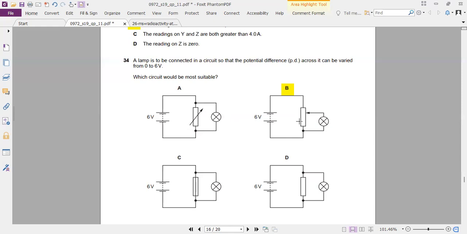In this setup, if you place the connection, this wire, at different resistances, the voltage will accordingly change, decrease or increase. So this is the circuit that will be used for this purpose.